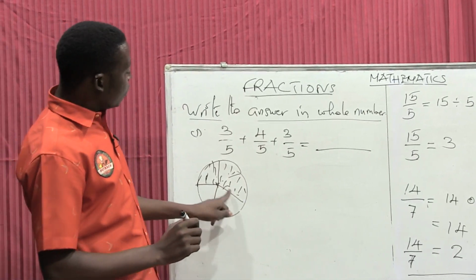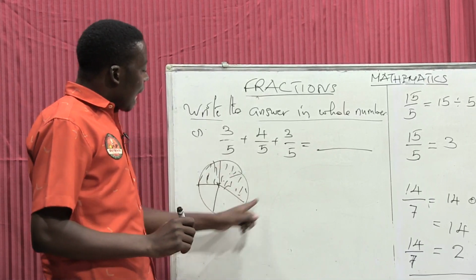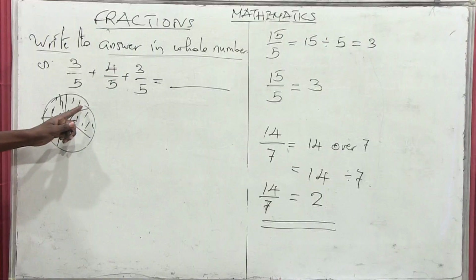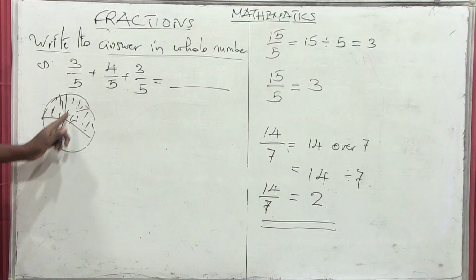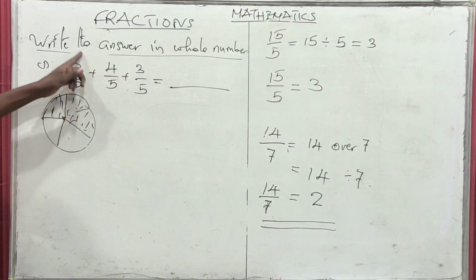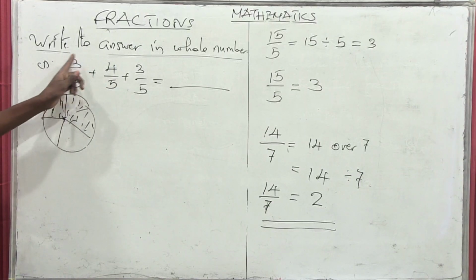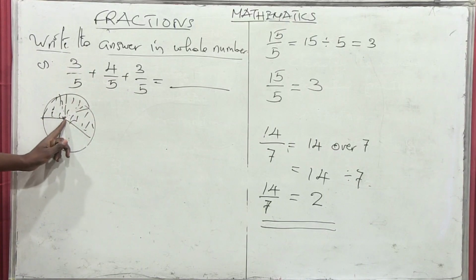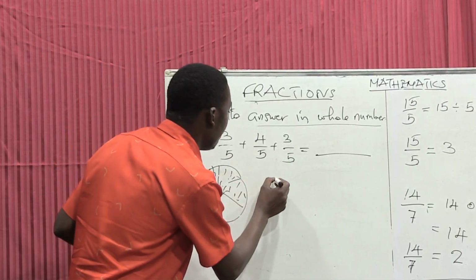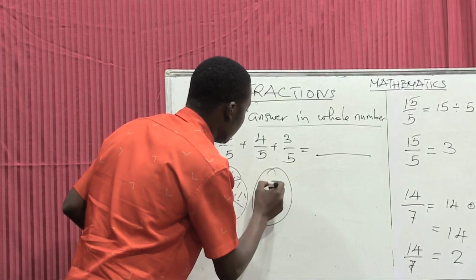So 5 shows the number of parts in this object. Plus another one, for example, the same.